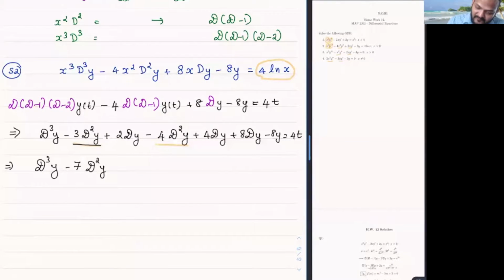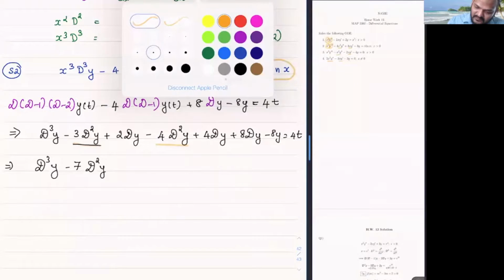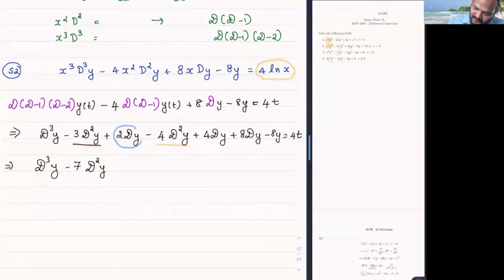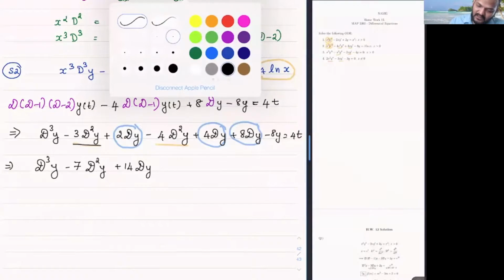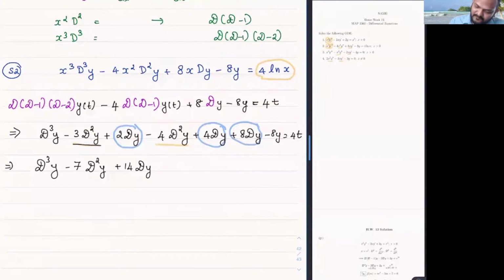Then I have 2dy, 4dy, and 8dy, that's plus 14dy. Then I have minus 8y is equal to 4t.